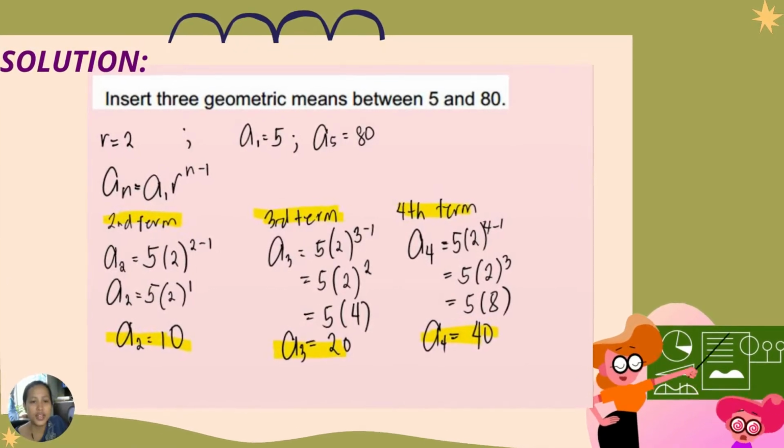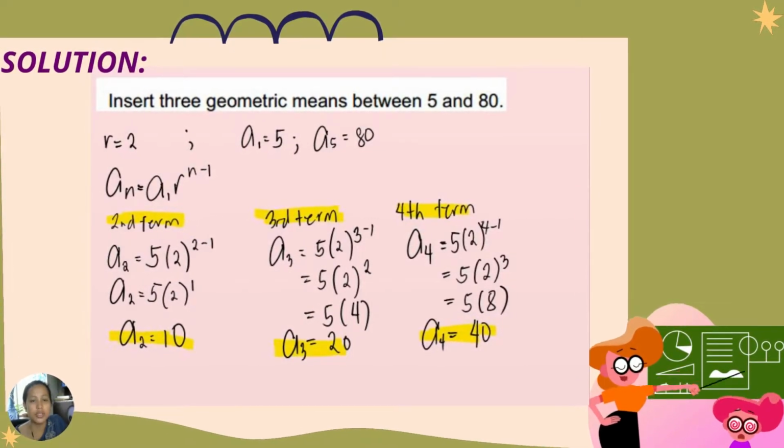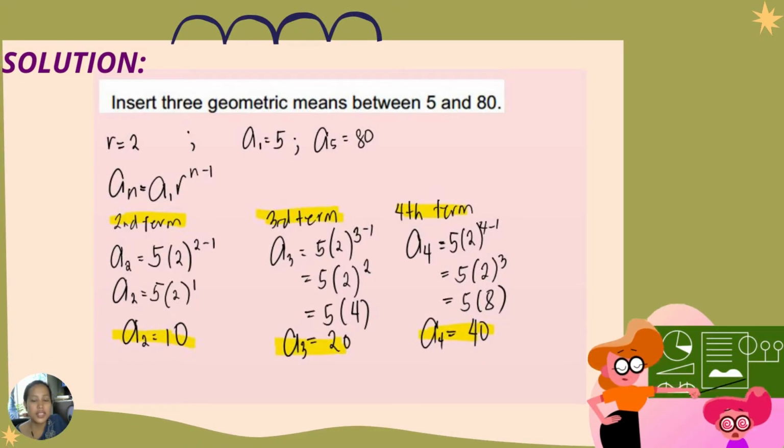Okay, to solve for the second term, we have a sub 2 is equal to 5 times 2 raised to 2 minus 1. We have 5 times 2 raised to 1, which is 5 times 2 is 10. So our second term is 10. And for the third term, we have 5 times 2 raised to 3 minus 1.